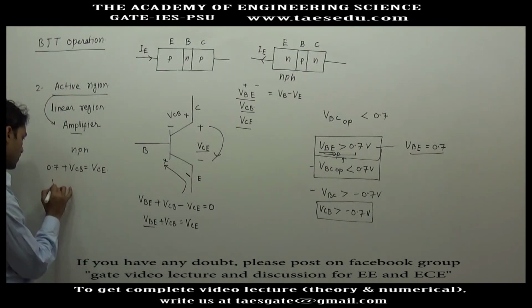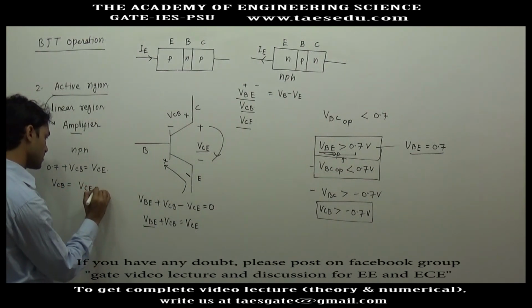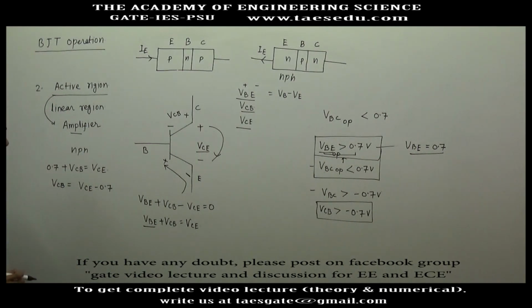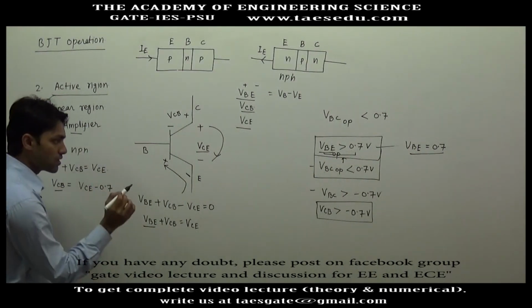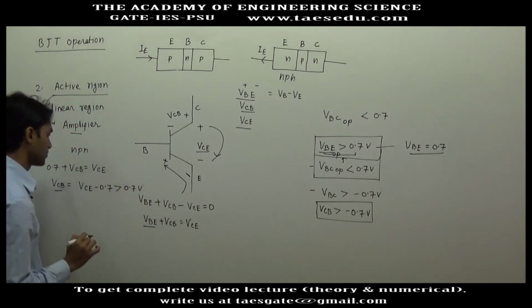Here I write VCB equal to VCE minus 0.7, and to operate in active region, VCB must be greater than minus 0.7 volt.